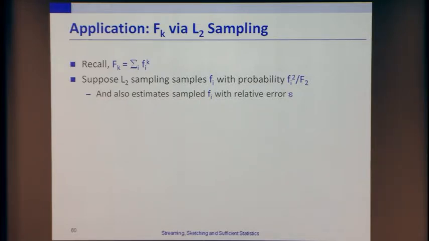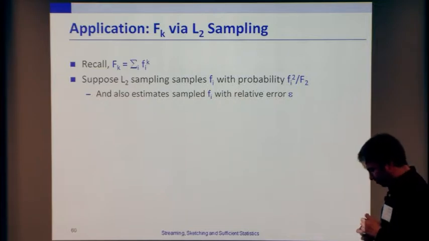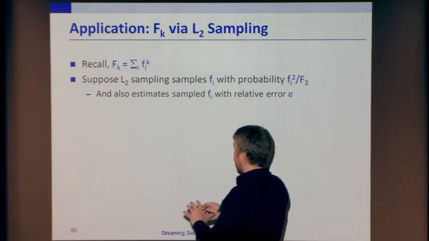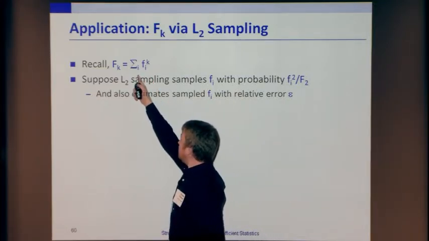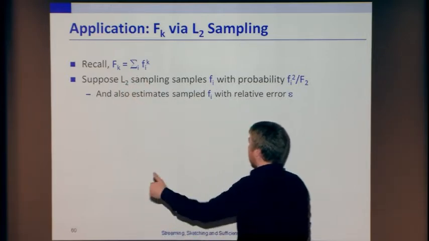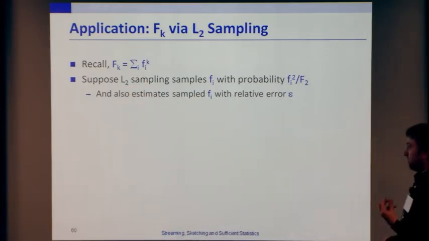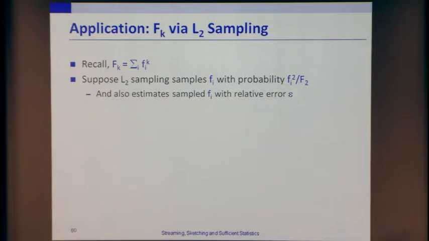So let me now talk about L2 sampling as a second sampling paradigm. So we're going to go back to frequency moments. Again, we have our vector of frequencies, f_i. The kth frequency moment is the sum over all indices i of the ith item raised to the power k. And we're going to suppose that we have a procedure that gives us L2 samples.